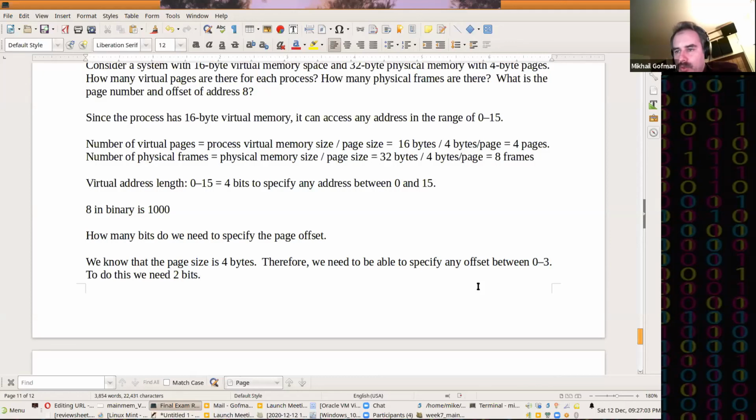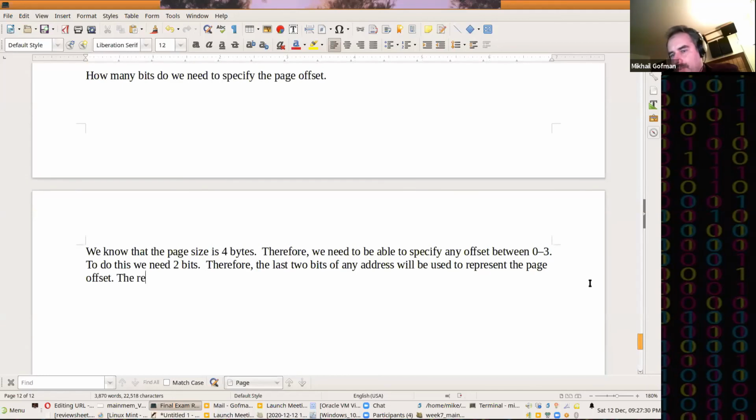So the last 2 bits of any address will be used to represent the page offset, and the rest of the higher bits will be used to represent the page number.